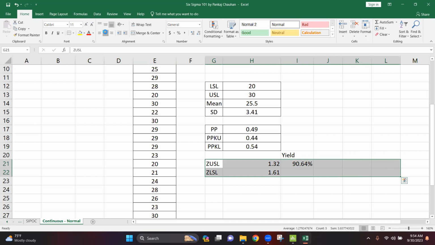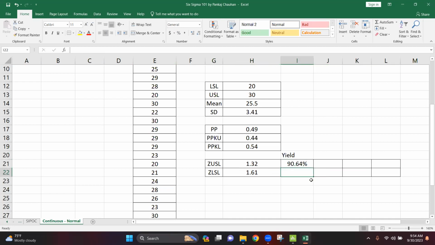Similarly, 1.61 gives a 94.65% chance that data will not miss the lower specification.